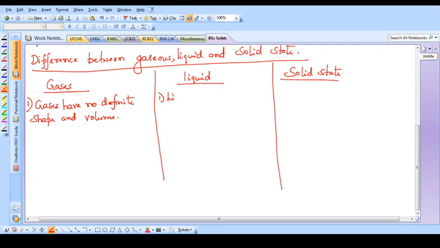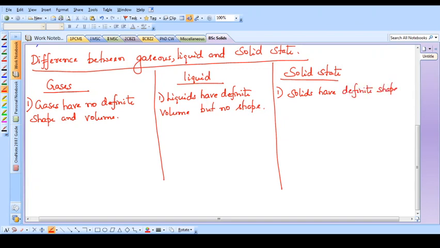Liquids have definite volume but no definite shape, whereas solids have definite shape as well as volume. This is the very basic property of these three states of matter.